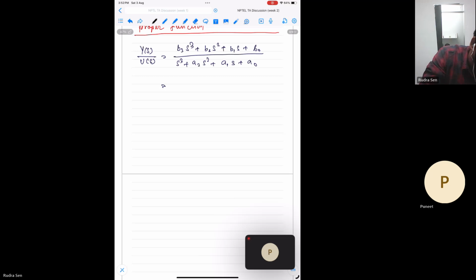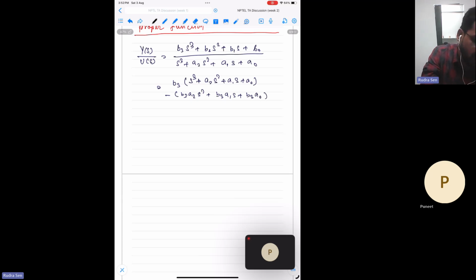First of all, we know b3; we multiply it with the denominator, and then we subtract the extra terms, which are b3a2 s square plus b3a1 s plus b3a naught. Then plus b2 s square plus b1 s plus b naught, whole divided by s cube plus a2 s square plus a1 s plus a naught.